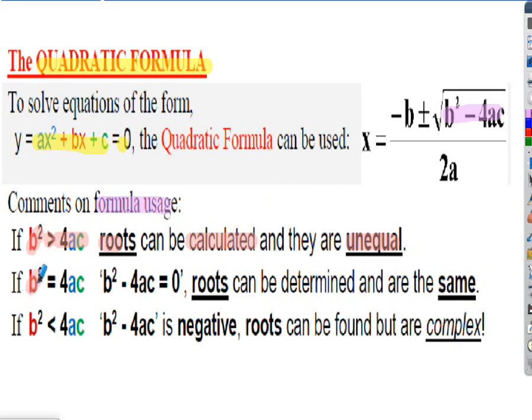If b squared is equal to the 4ac term, then calculating that will give a value of 0, and in that case the roots will be the same value. But if b squared is less than the 4ac term, we end up with a negative value under the square root, and you cannot find the square root of a negative number. The solution in that case will be termed complex and is outside the scope of this presentation.